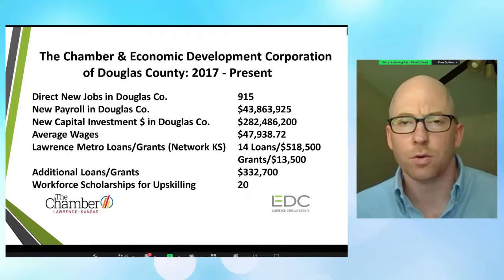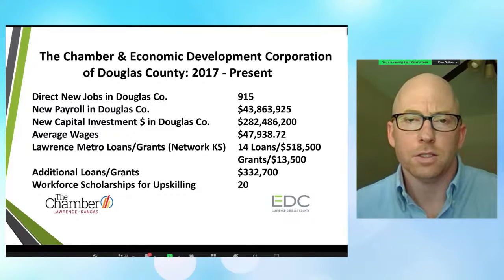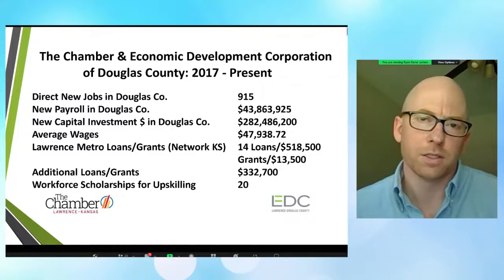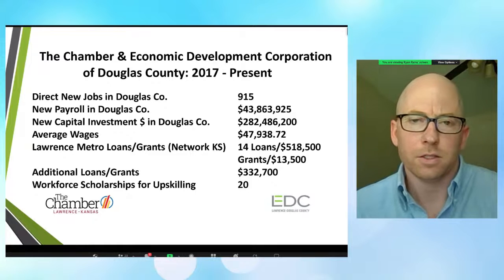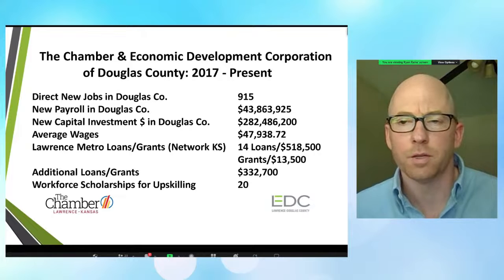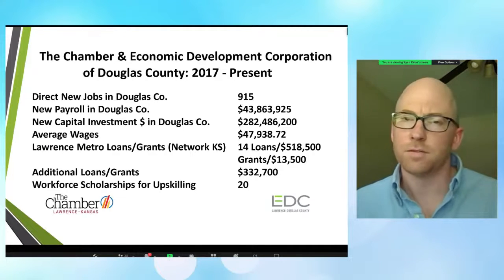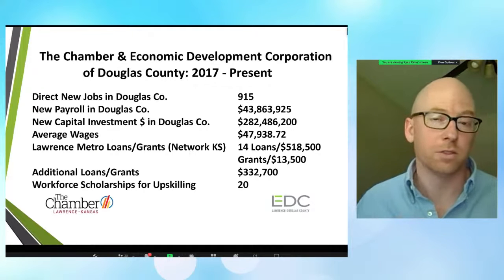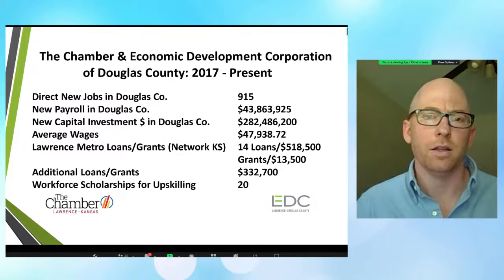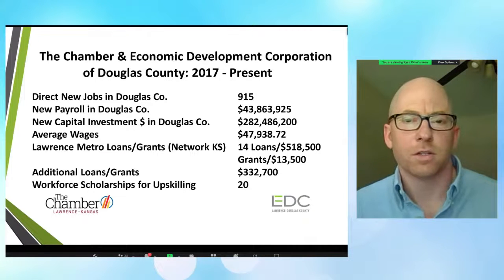So we manage a local program. Jill Jollicoeur with Douglas County manages a local program as well for the Douglas County e-community. And then there are statewide programs, and that's where those additional loans and grants come from that we've been able to tap into to try to help entrepreneurs access funding, try to help financial institutions get loans done, and then make it all work so that folks can get to their next step.